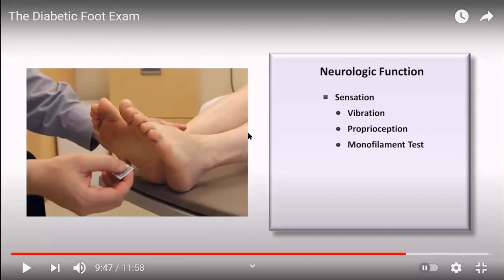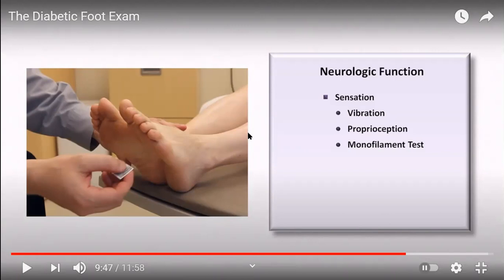After this video, I am going to discuss a little bit about diabetic neuropathy and peripheral arterial disease, because this question may arise in your mind: what is the difference between diabetic neuropathy and peripheral neuropathy?